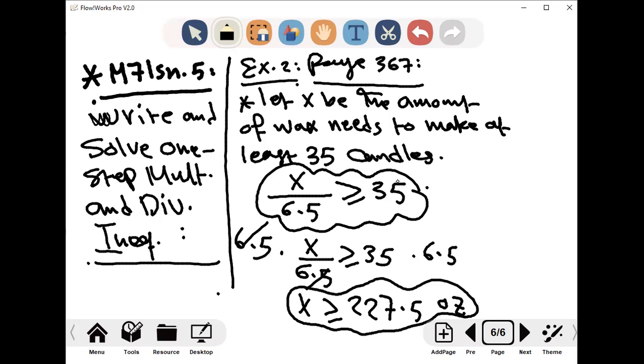Graph. Yes. We didn't do multiply. 6.5 multiply x equals what? So let's go to our example, which we solved before.